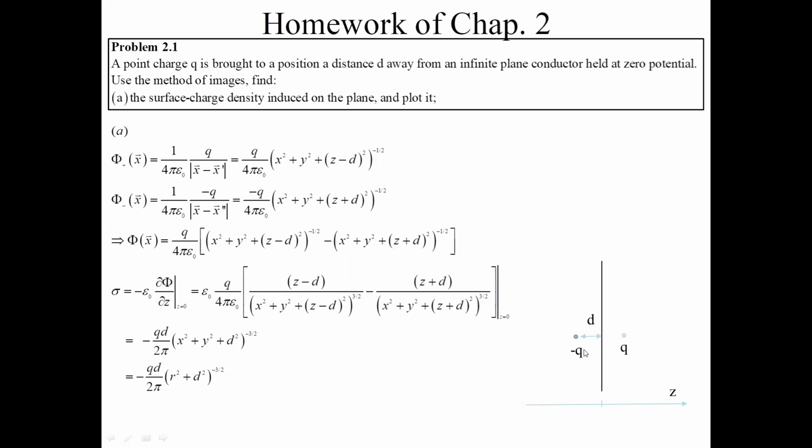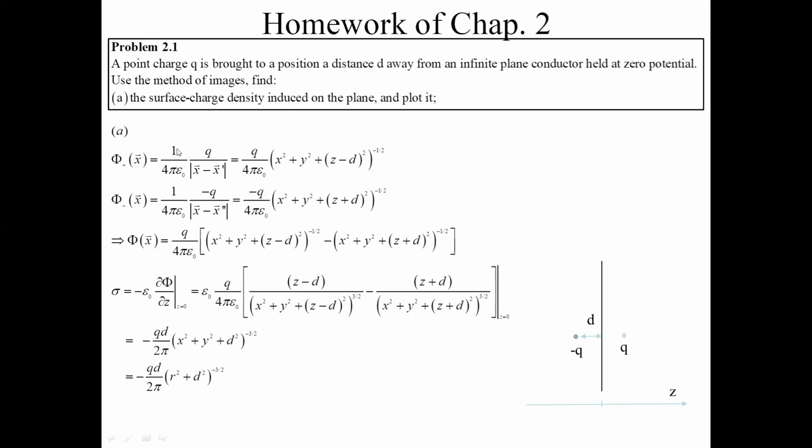So we can easily show that the potential is equal to this term, which in the z direction is as this. And we can show that when z is bigger than 0, the potential will fit the boundary condition.